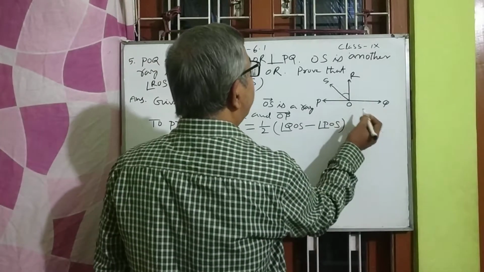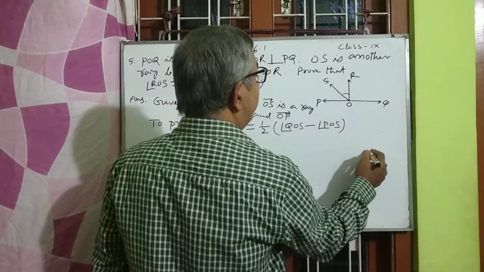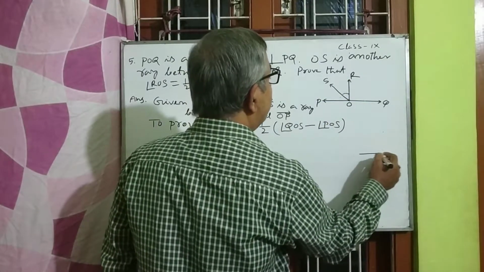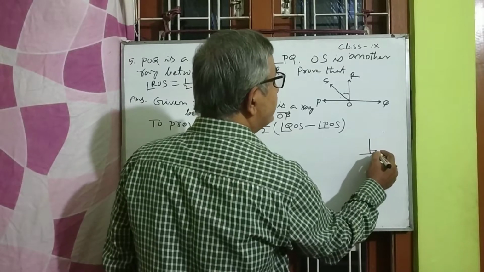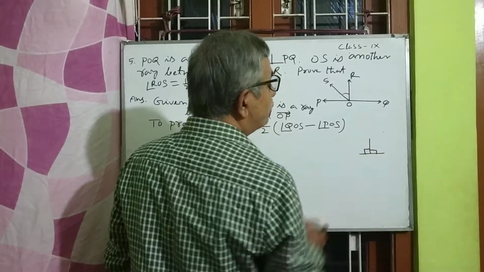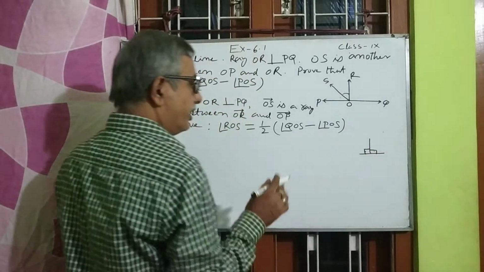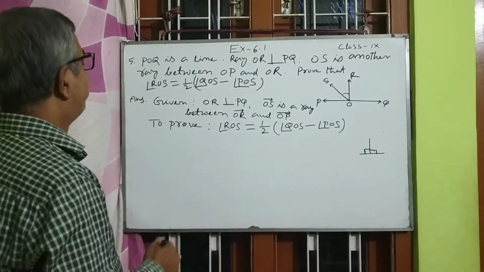One thing you take, try to understand: this is perpendicular, so this angle will be 90 degrees and this angle will also be 90 degrees, both sides will be 90 degrees because this is perpendicular to this line. That concept you should have.